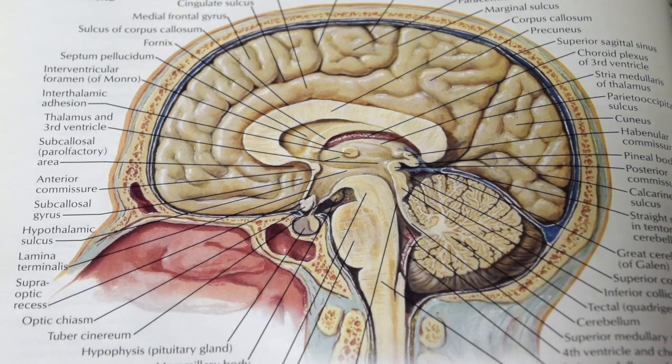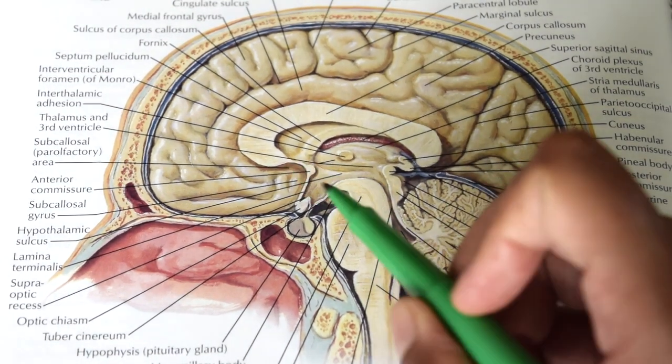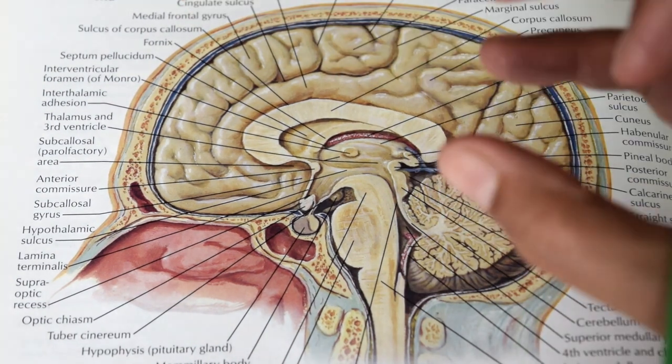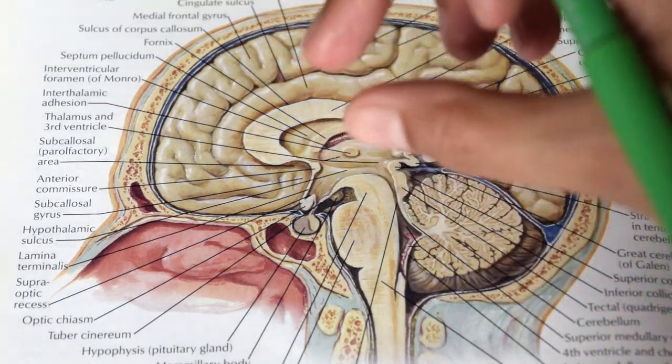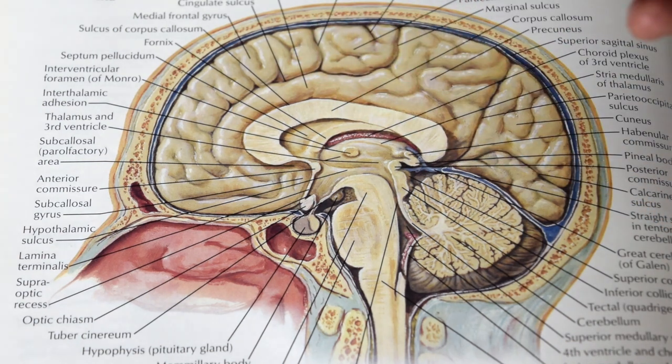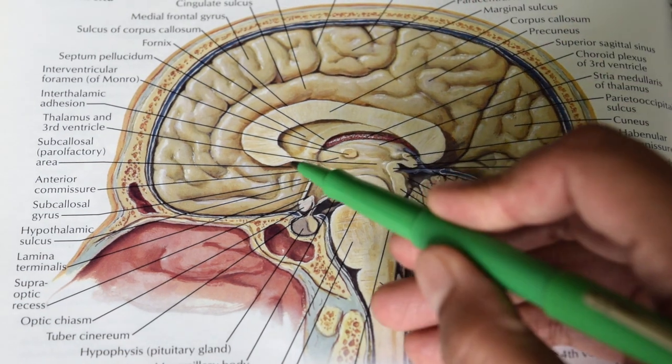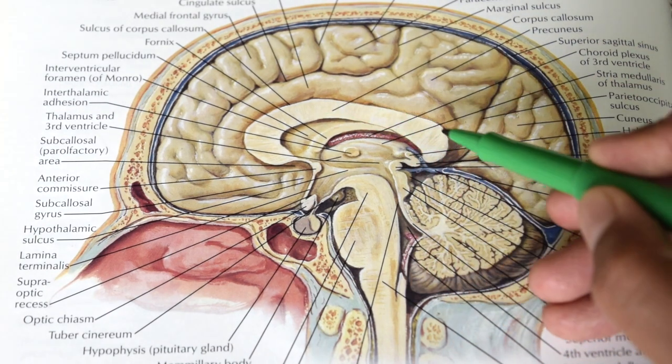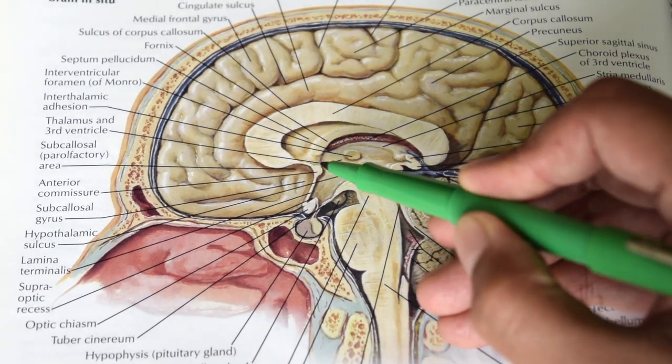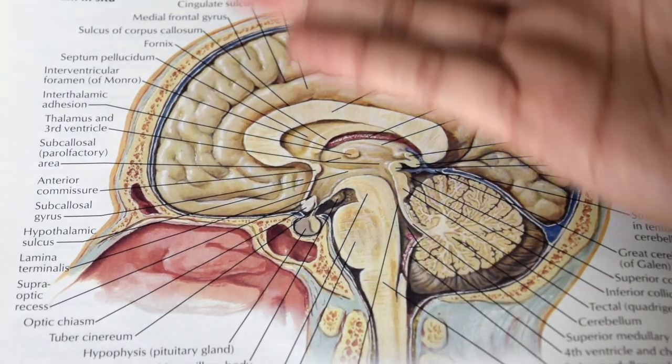If we come into more details in the brain, you remember I was telling you that the two hemispheres of the brain are connected with a thick white fiber communication, which is called the corpus callosum. This is the corpus callosum inside the brain, which we can see in the sagittal section.